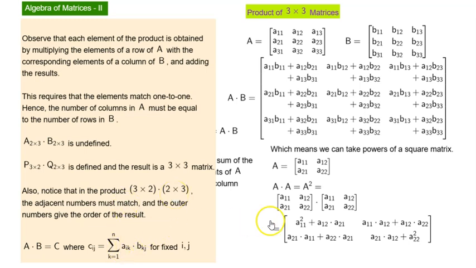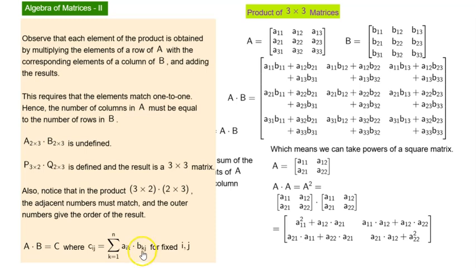Now, in short, this taking the sum of the products of the elements of a row in one matrix and the column elements of another matrix can be written as A times B equal to C, where Cij is equal to the summation as k goes from 1 to n of Aik, that is a particular element in A, times Bkj.